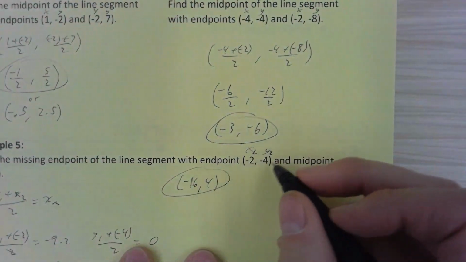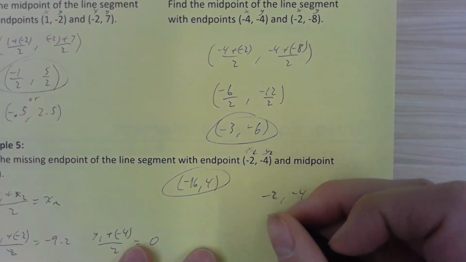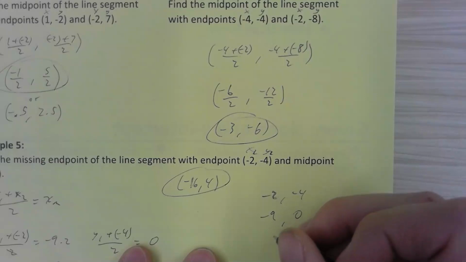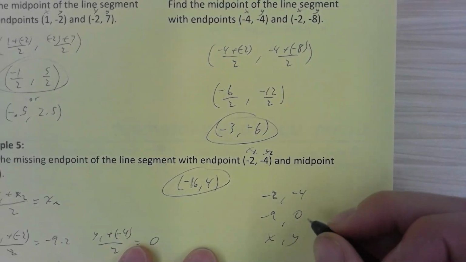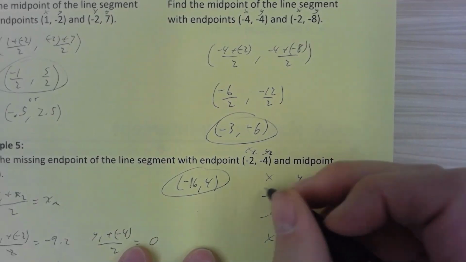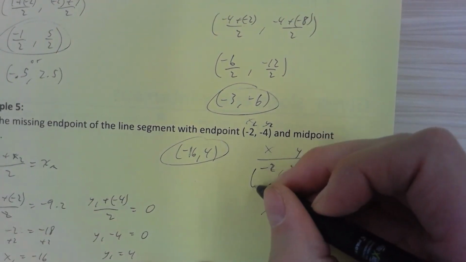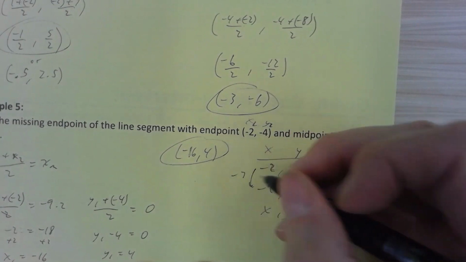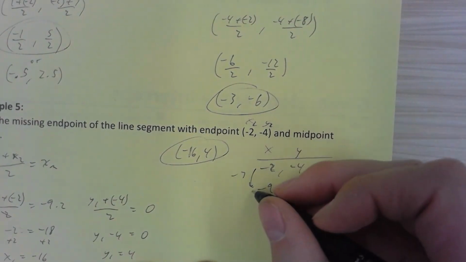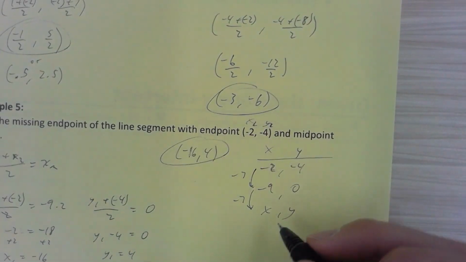So if I know what one of the endpoints is, negative 2, negative 4, and I know that the midpoint is at negative 9, 0, to find my other endpoint, I can make a little table here. To get from negative 2 to negative 9, I have to go down 7. So then I just go down another 7 to get to negative 16.